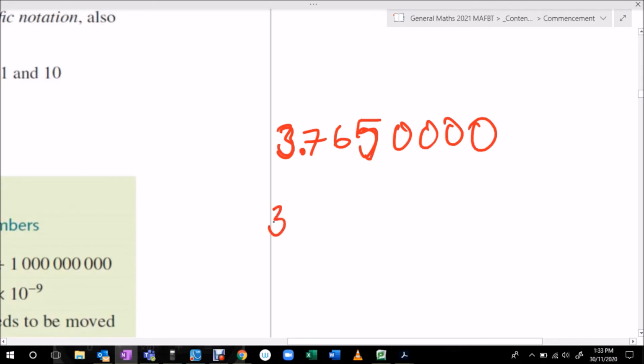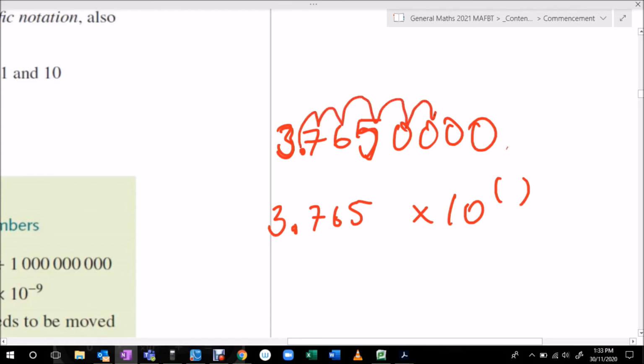So it's going to be 3.765 times 10, and then to figure out that power, look at how much the decimal moves to get to this point here. 1, 2, 3, 4, 5, 6, 7. So it's 10 to the power of 7. That's my scientific notation for this.